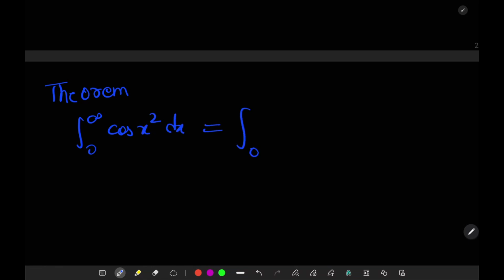Now few, this is an important theorem. If integral 0 to infinity limit is given of integration of cos x square dx, so we can write this, and this equals 1 by 2 root pi by 2, by integrating over a quadrant of a circle.